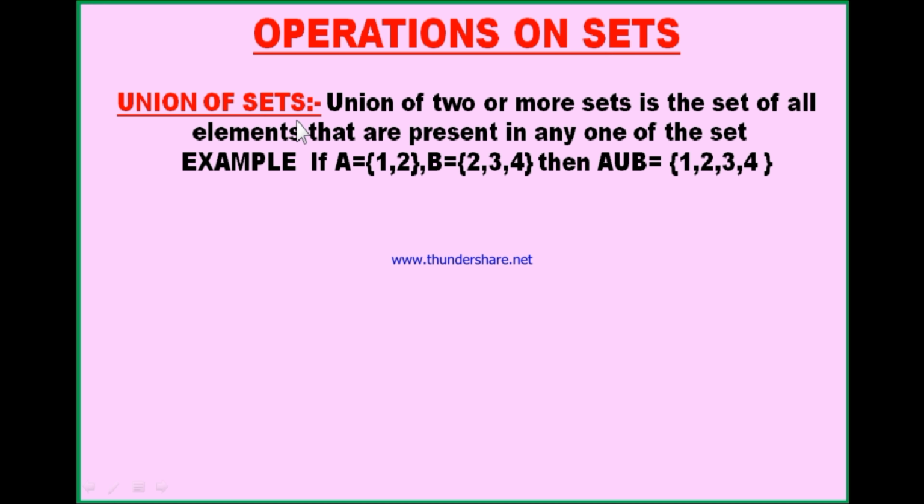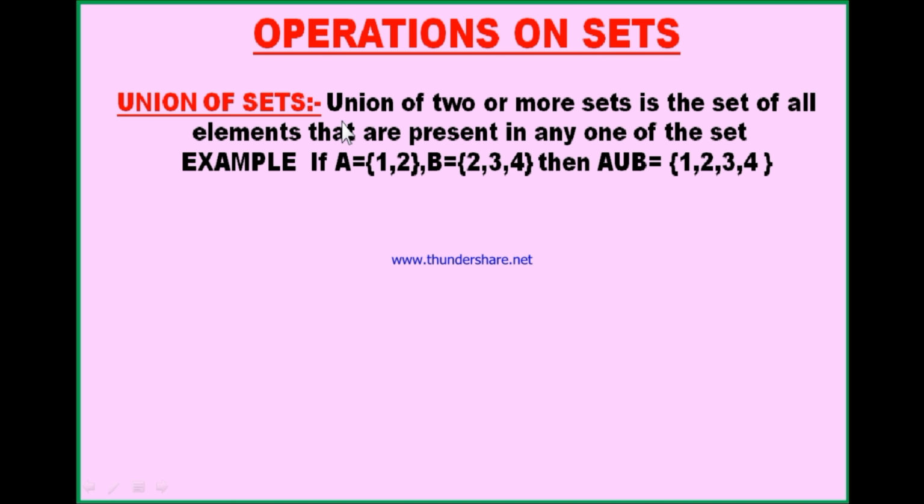Union of sets is nothing but the union of both the elements, I mean, the elements that belong to the first set as well as the elements that belong to the second set. You should list out all the elements that are present in the first set and also in the second set. That is called union.